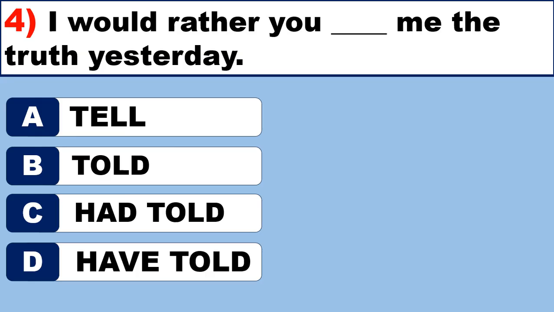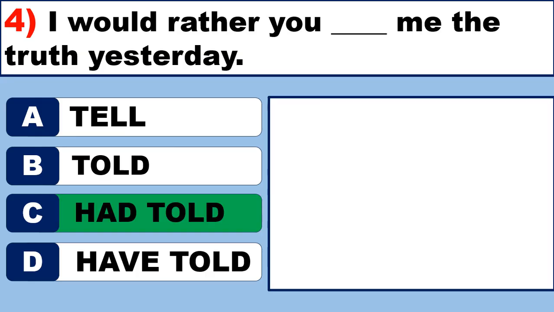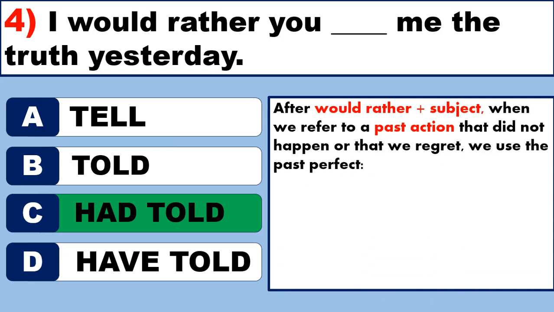But here we are in a past situation, yesterday. I would rather you had told me the truth. Let me explain. After would rather plus subject, when we refer to a past action that did not happen or that we regret, we use the past perfect.